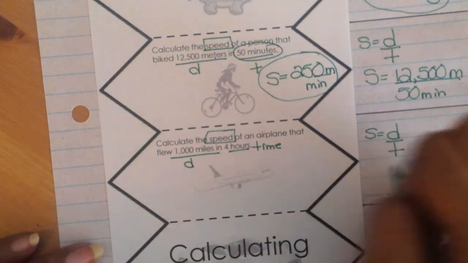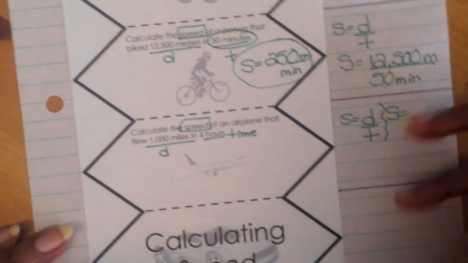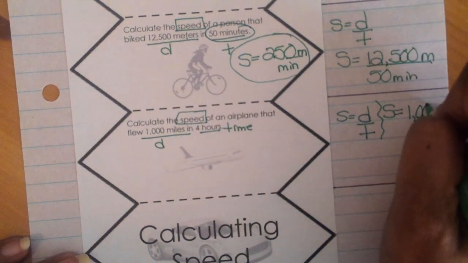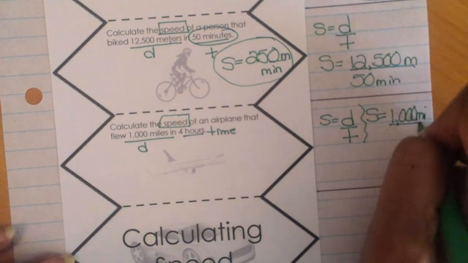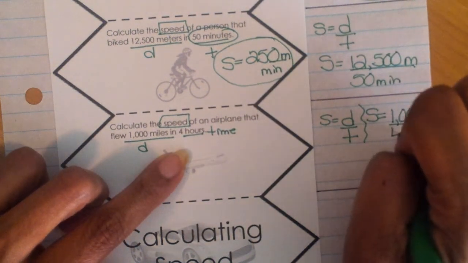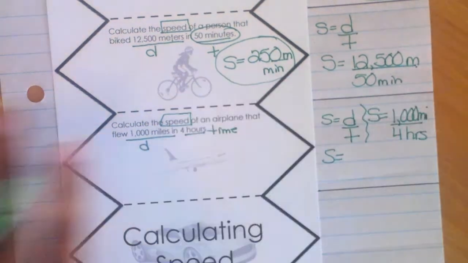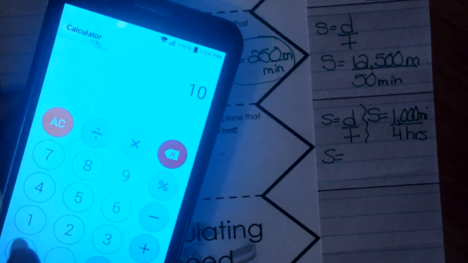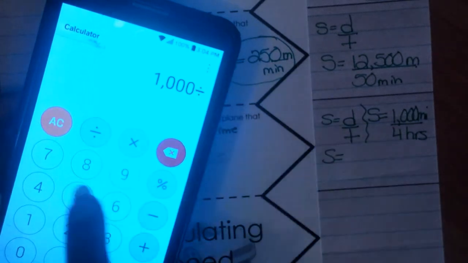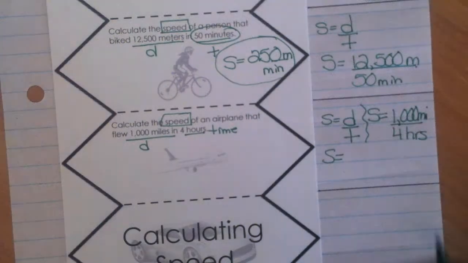So your speed is equal to 1,000 miles, I'm going to put MI, divided by your time, 4 hours. So let's do the math. 1,000 miles divided by 4 hours, 250 miles per hour.